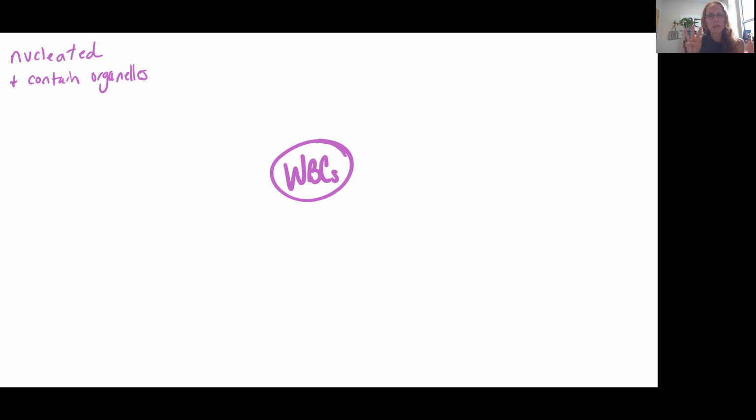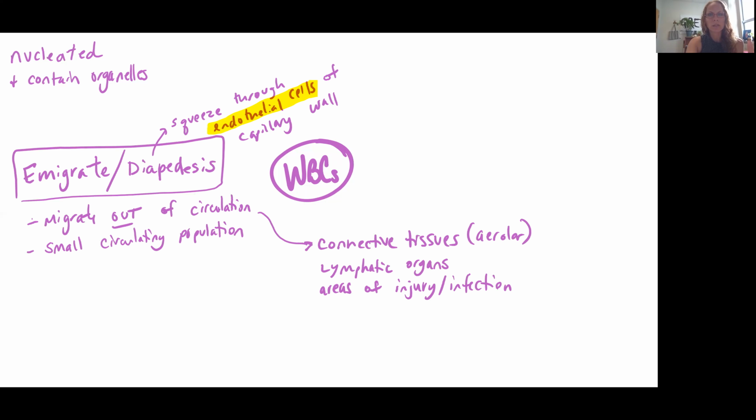Now we have 3 important features or characteristics that are special about white blood cells. The first important characteristic is that they are able to emigrate. So here, emigrate with the E means to leave. The immigration with the I is the showing up at the place that's new, right?